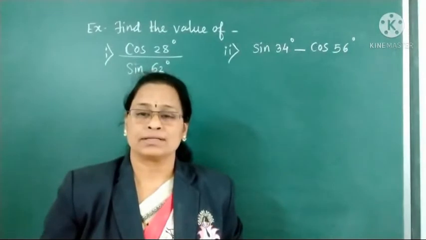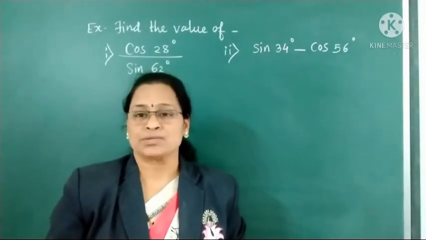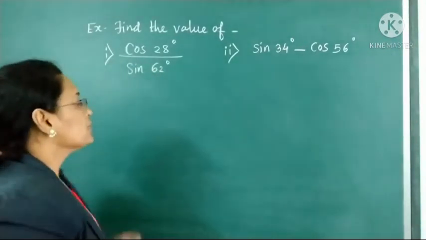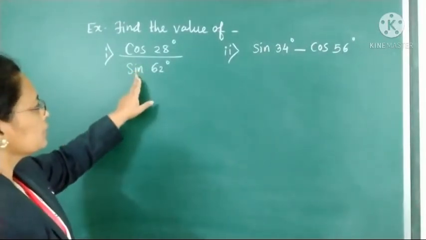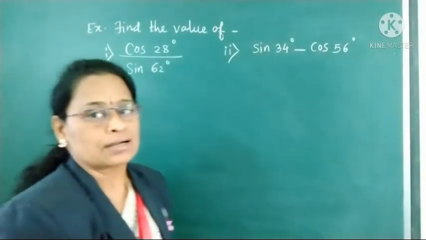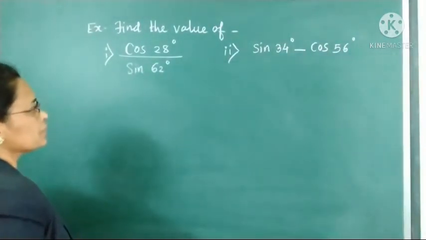Let's solve the examples. Simple examples are there related to the relation between the trigonometric ratios of complementary angles. Here cos 28 degree to sin 62 degree. This ratio is given and we have to find out the value.